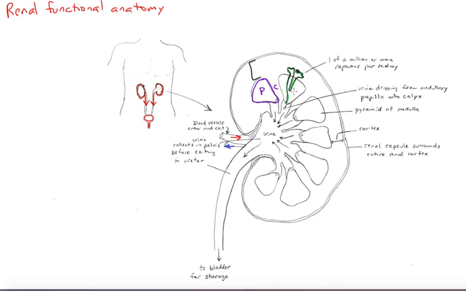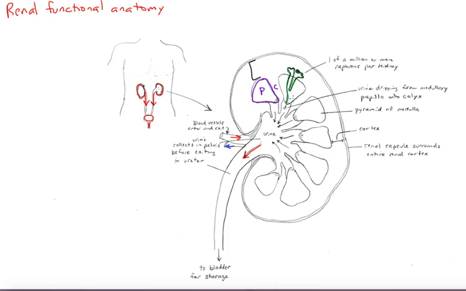Now you'll notice that our ureter leaves the kidney here. Here's the urine leaving the kidney into the ureter. So we have to have this hollow space in here, actually called the pelvis, into which each one of the pyramids drains.